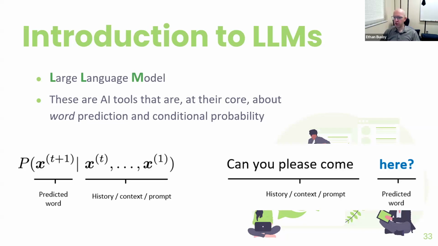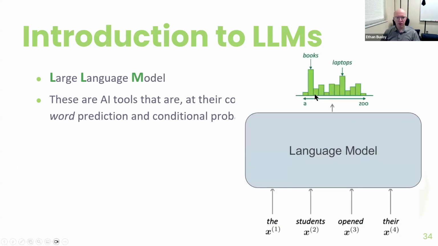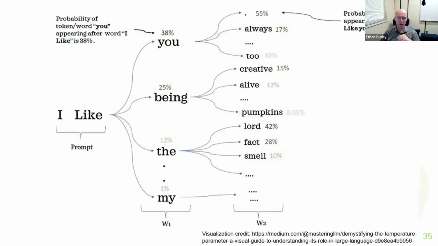That's really, again, what these models are in their core functions. You can also think about it this way: we have a bunch of terms that go into a language model that then produces a distribution of probabilities of all the possible words that could follow this context or this prompt. And then it will report the most likely or most probable term.